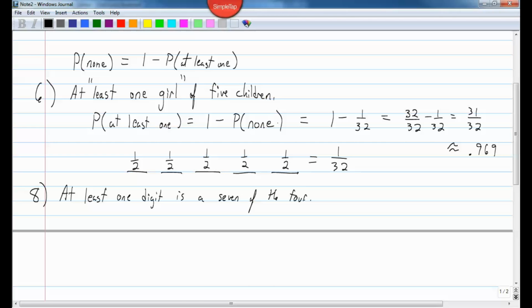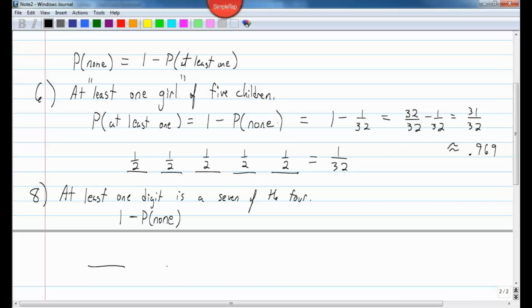So if we want to know the probability of at least one digit, then it's going to be 1 minus the probability of no digit being a 7. So what's the probability that we get a 7 if we draw?